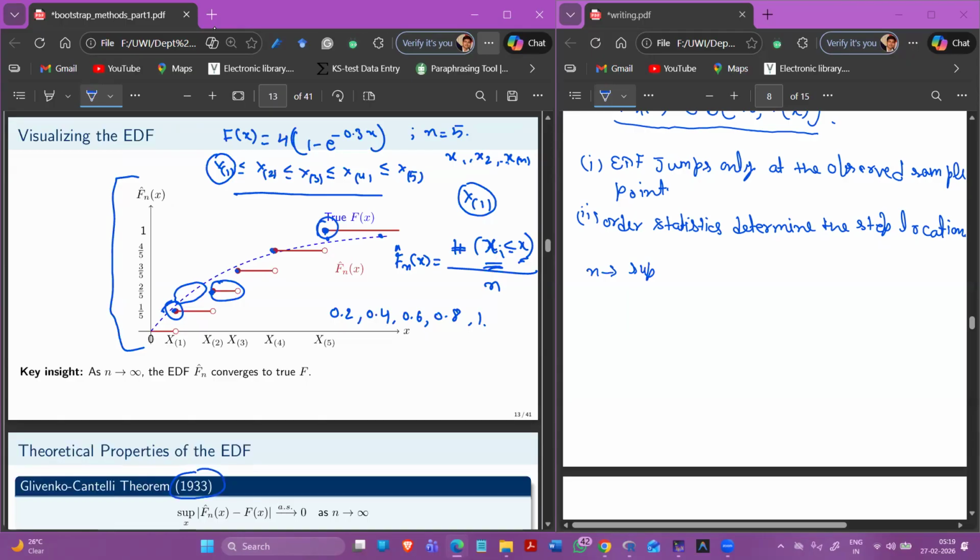So when you increase x further, the difference will be 0 as n tends to infinity. This is your x5; when you increase it up to x1000, the difference between both of them will be 0. At that time, your empirical CDF will converge to your population CDF, right? That is the meaning of this theorem. All right.